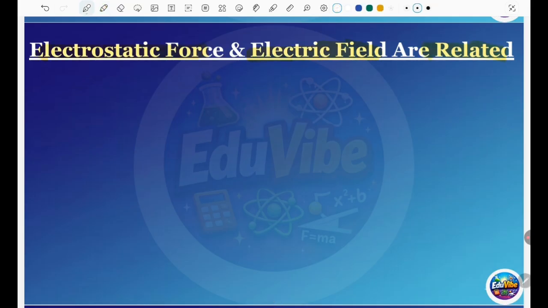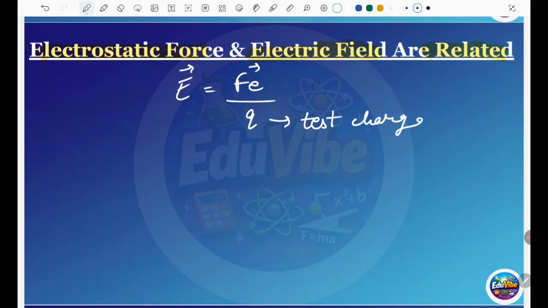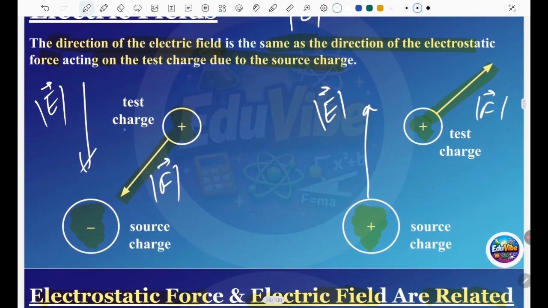How can this be related? We have one formula for this. How can we derive this formula? You don't have to know this derivation, you just know the formula. What is that formula? The electric field is equal to Fe, the electrostatic force, divided by q. q is the charge; in that case, q is the magnitude of the test charge we have over there.